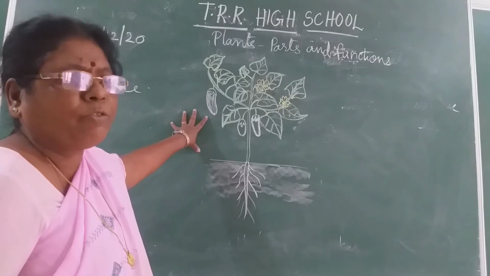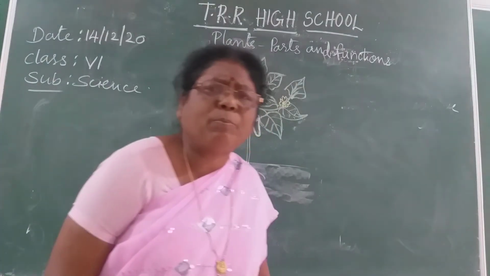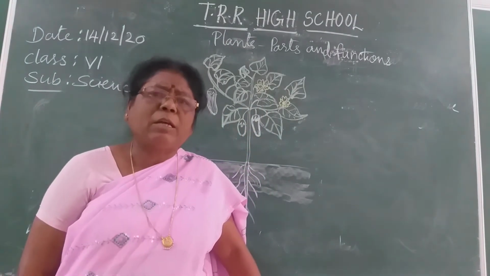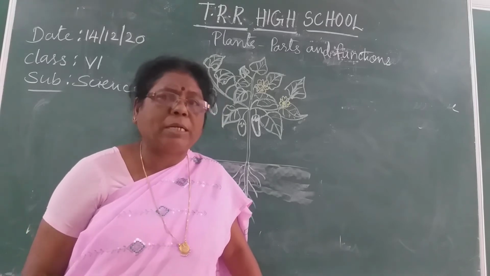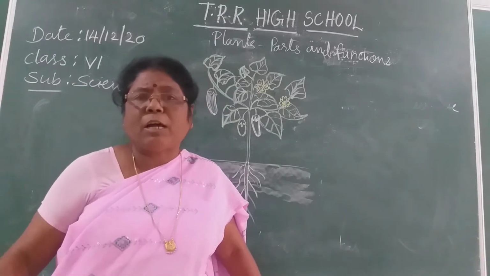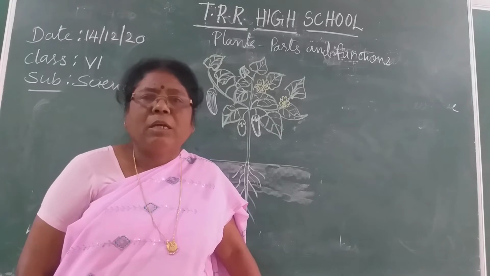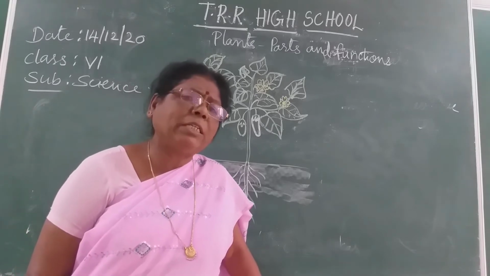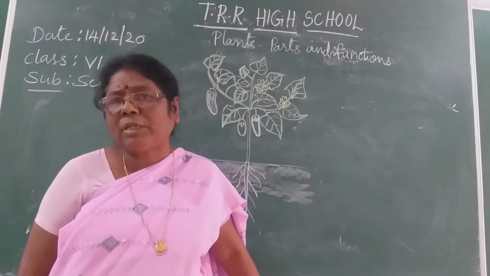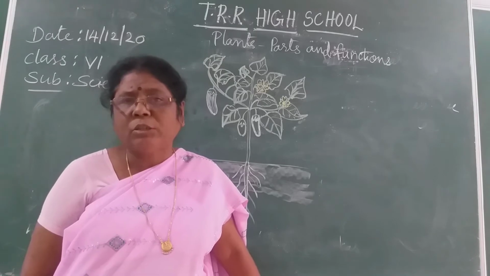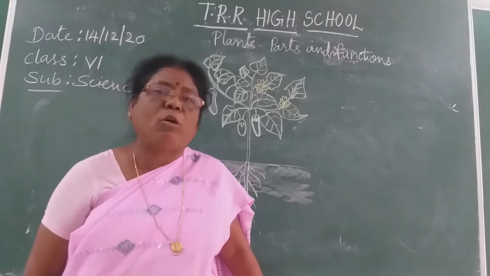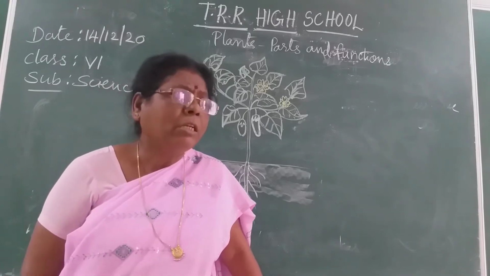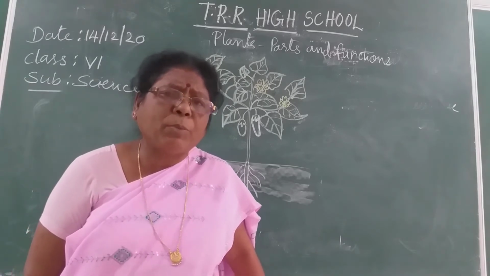You have seen some plants are bigger in size, some plants are smaller in size, some plants are very big. You will get herbs, shrubs and the trees. You will see these varieties of plants in your surroundings, or when you are coming to school, or near your houses, or at home also. Now, what are the parts of the plants?